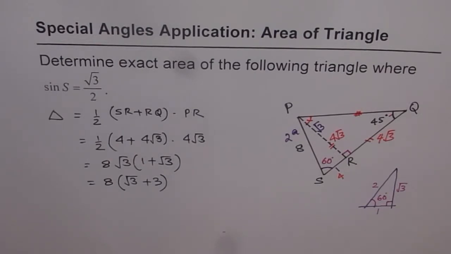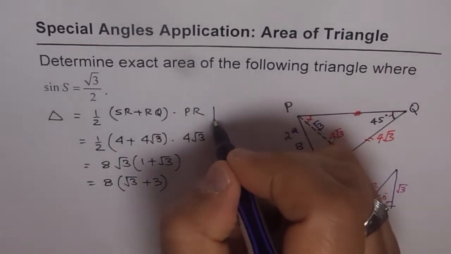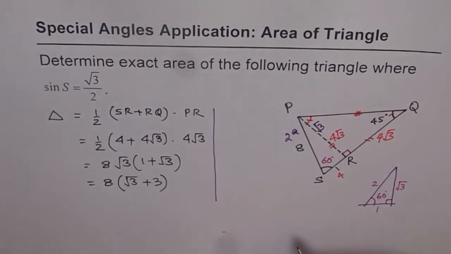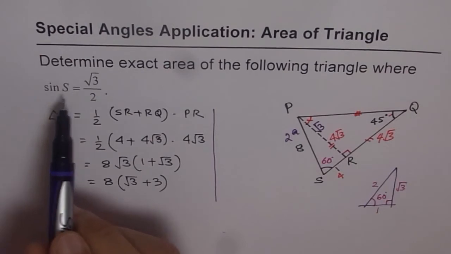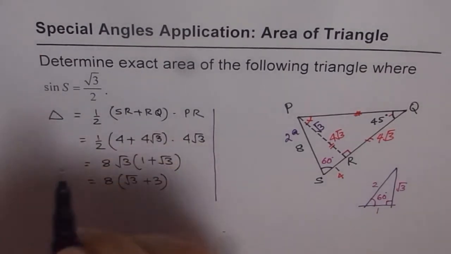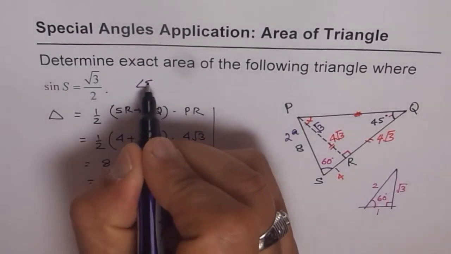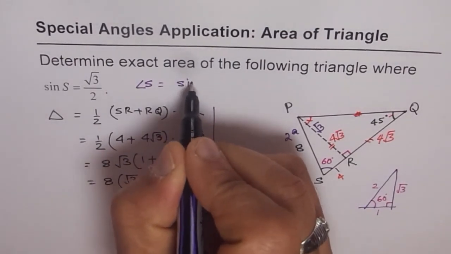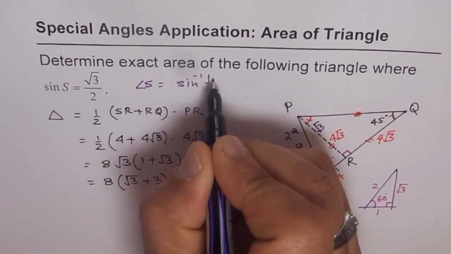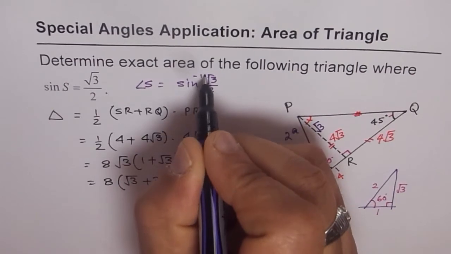The alternate method was, let me just show you that method. I'm not going to solve the question using the alternate method. If you're given this, you can find what angle S is, right? You can find angle S is equal to sine inverse of square root 3 over 2, correct?